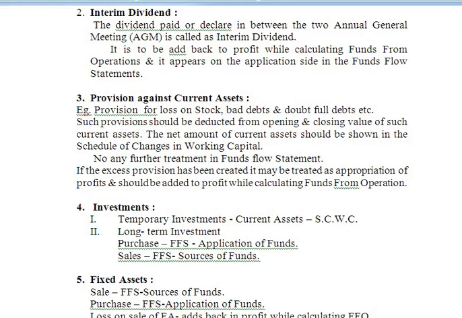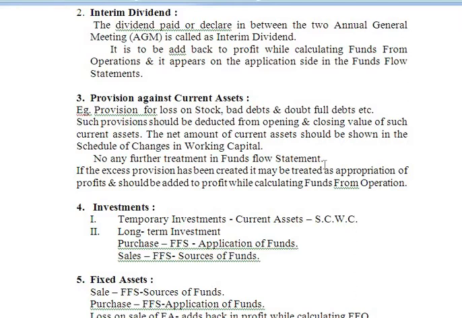And once you take any item in the schedule of changes in working capital, there is no further treatment in the funds flow statement. Suppose the excess provision has been created, it may be treated as appropriation of profits and should be added to the profit while calculating funds from operations.